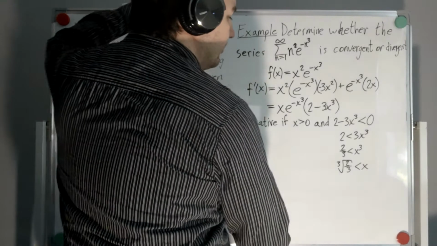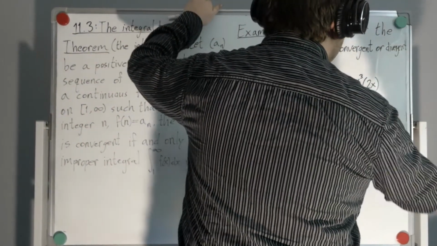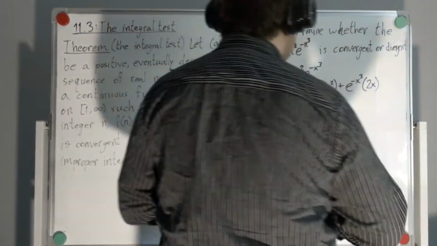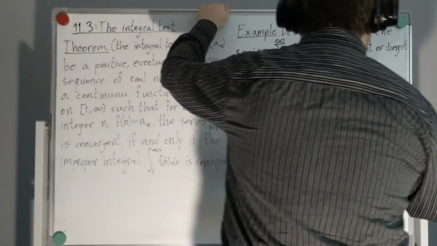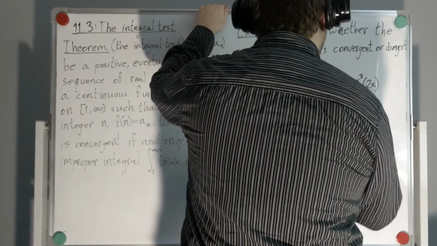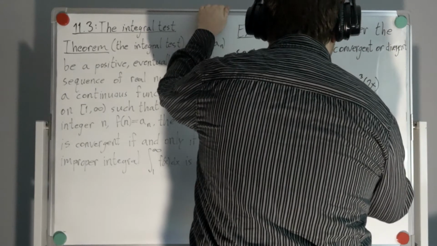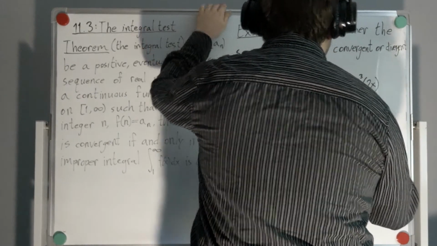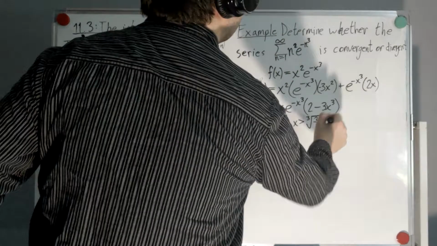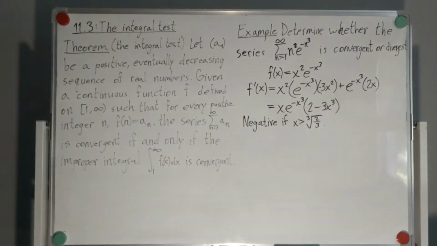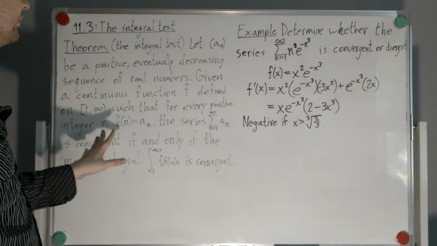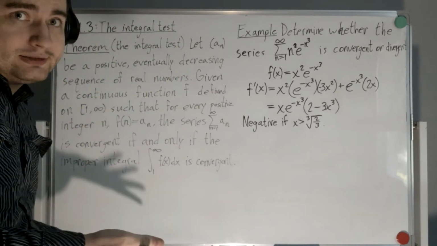All right, I'm just going to erase some of these intermediary steps here. The important part is it's negative if x is greater than the cube root of 2/3. And so that shows it's eventually decreasing. And then, since all the assumptions of the integral test are satisfied, the integral test applies.